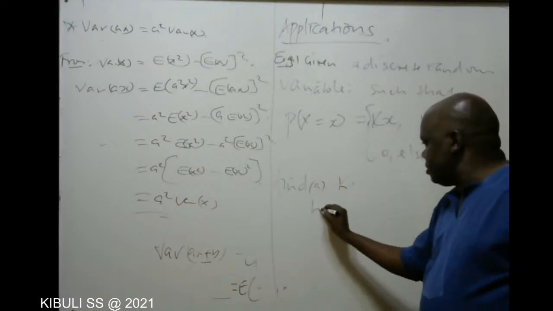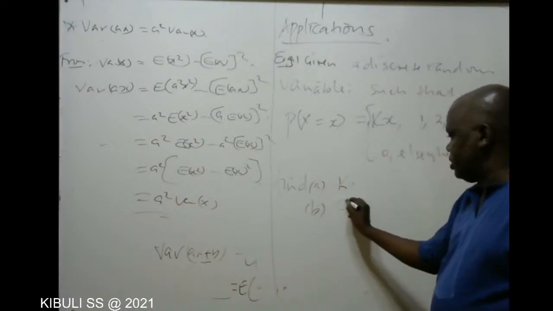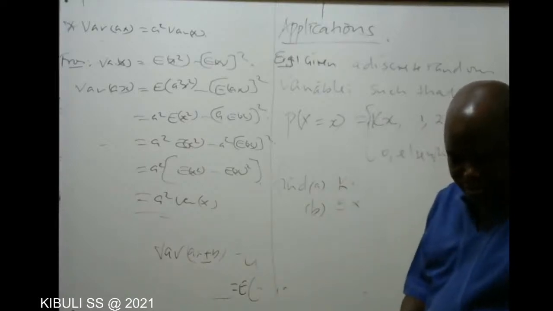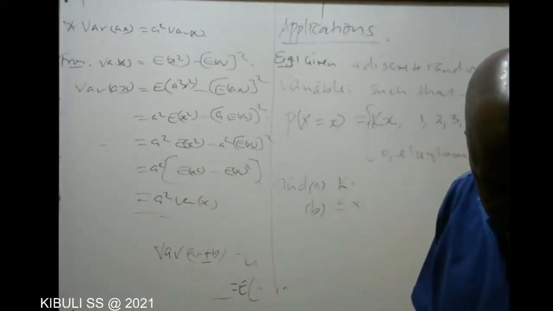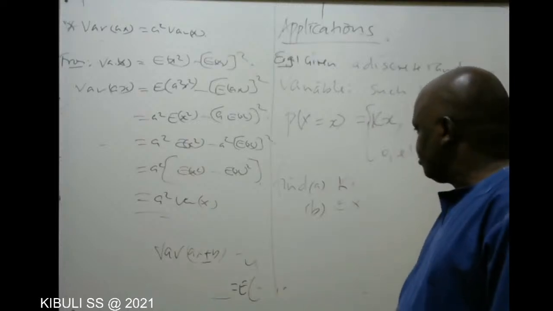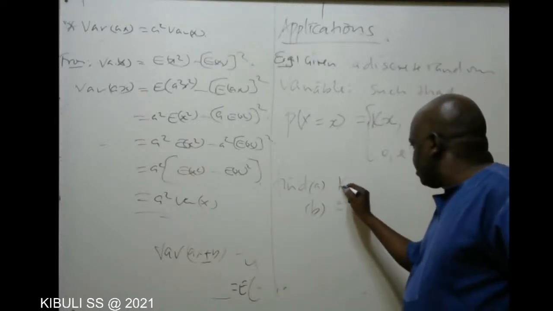Then somebody says B, expectation of x. So we want to find the constant.